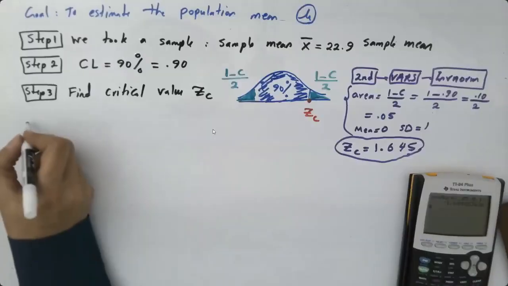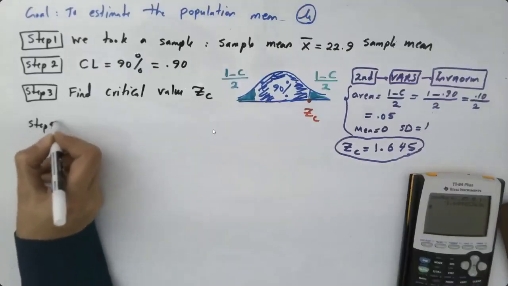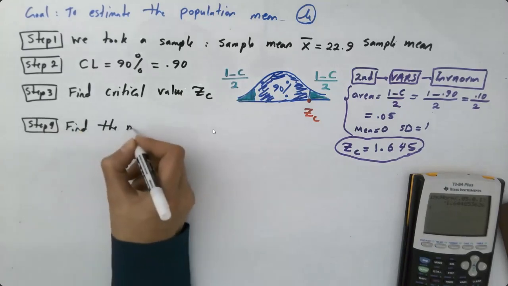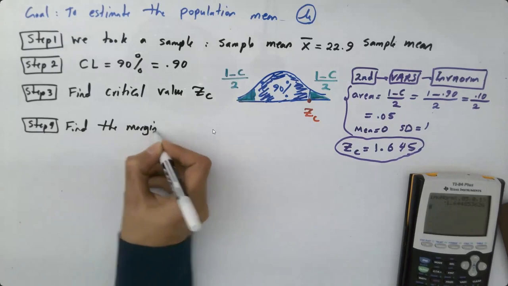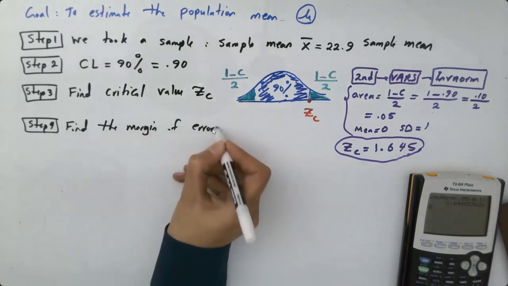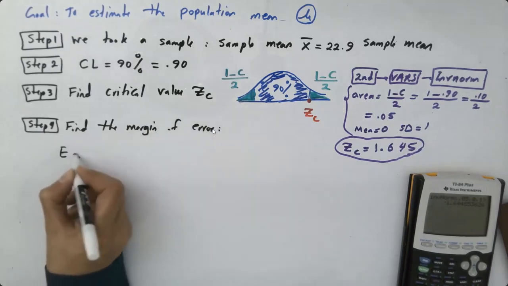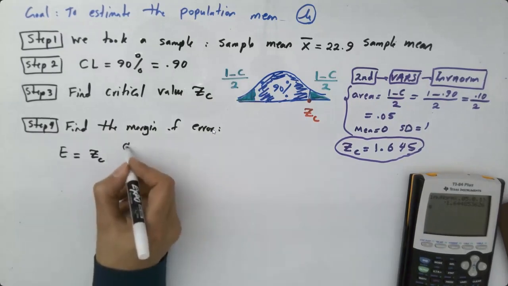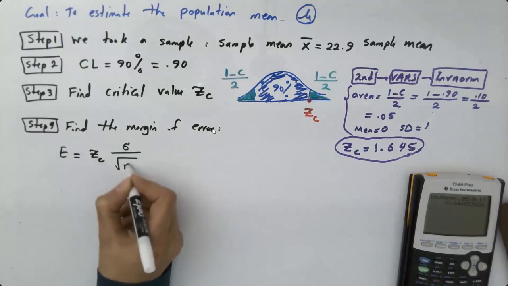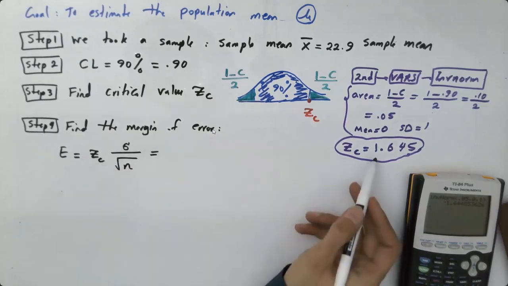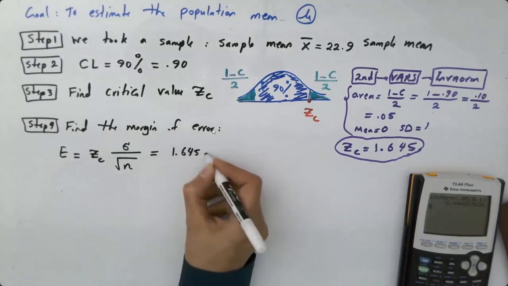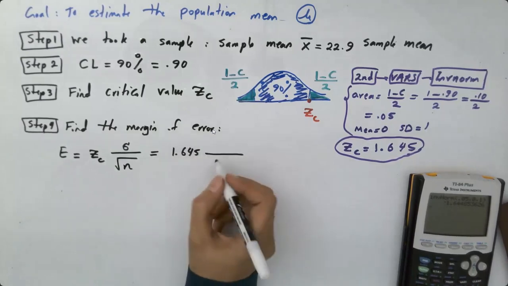So step 4, find the margin of error. E is equal to ZC, the positive number, times sigma divided by square root of n. I already know ZC is 1.645. What is sigma? What is n?